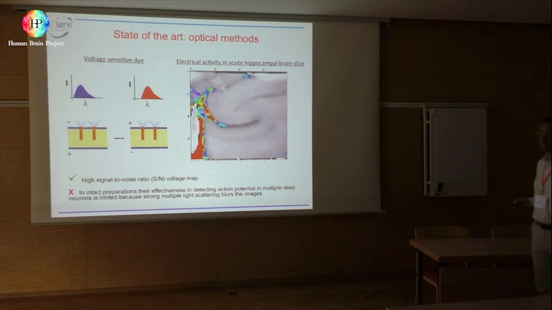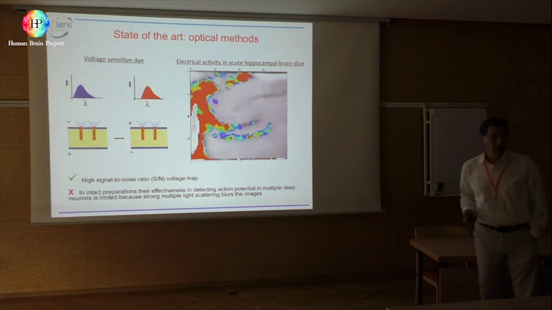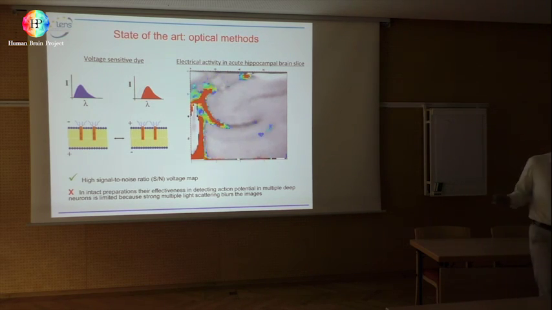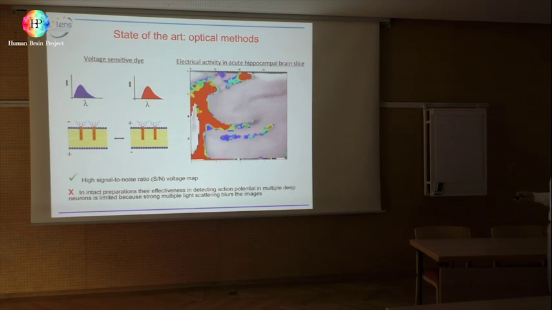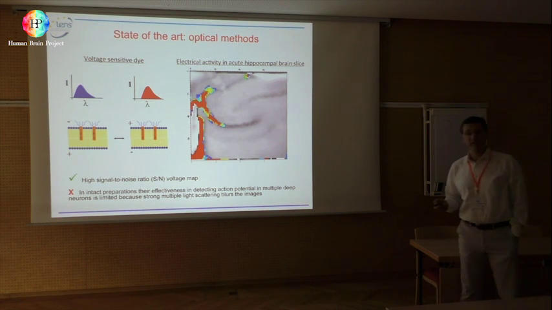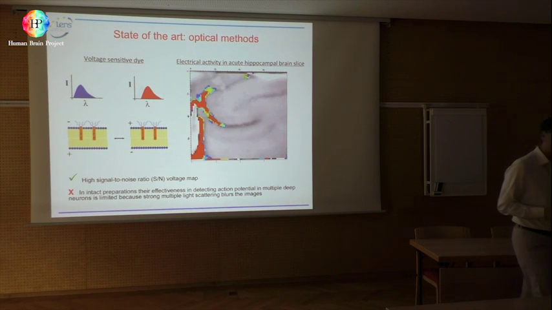The voltage sensitive dye is sensitive to the local electrical field, and it emits at another wavelength, depending on the intensity or the shift, depending on the local field, and then you detect with the camera. But you see here that with this one photon emission, again, the sensitivity is very good, but the resolution is not enough for a single cell.